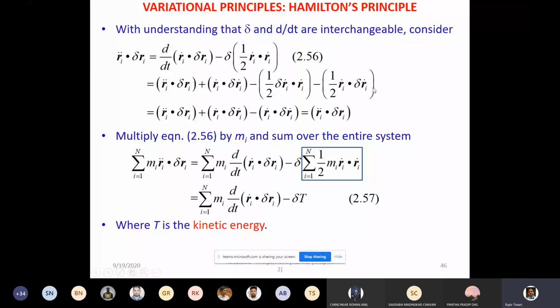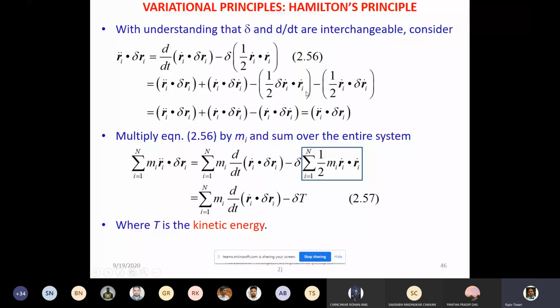Now this term is as it is. This term is also as it is. Here, this term and this term, if you see, they are the same, because the variation of R dot is there and the dot product of R dot here. So these two terms are the same, so they can be combined together to get this.